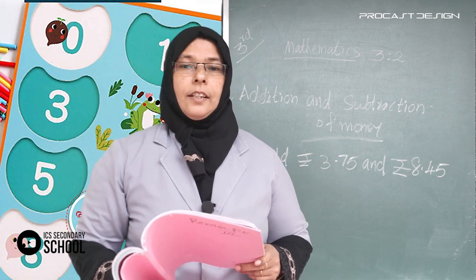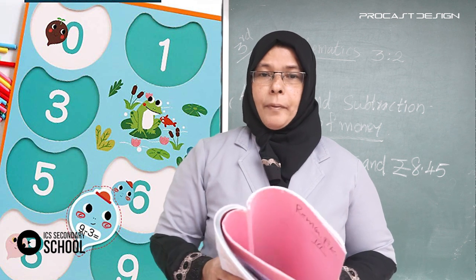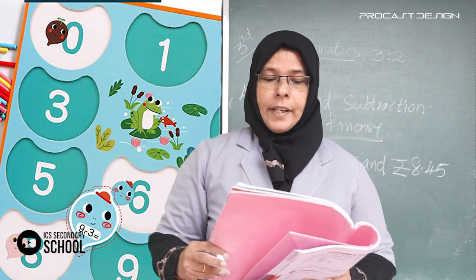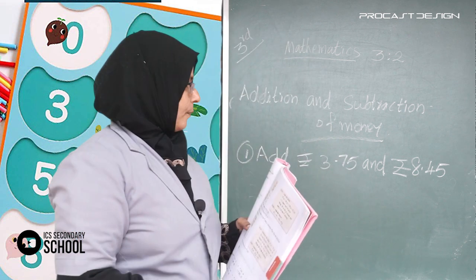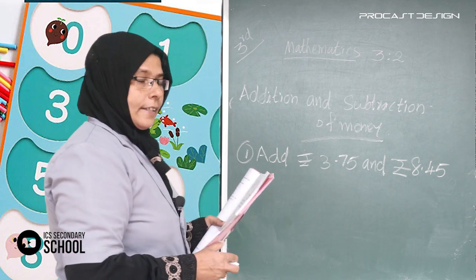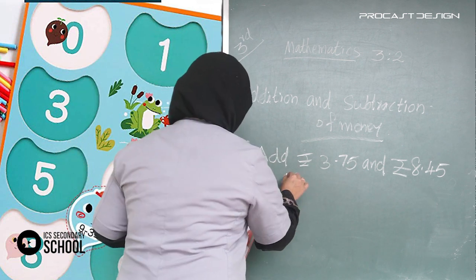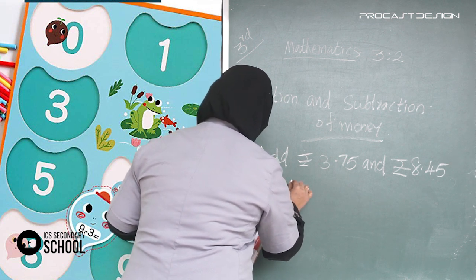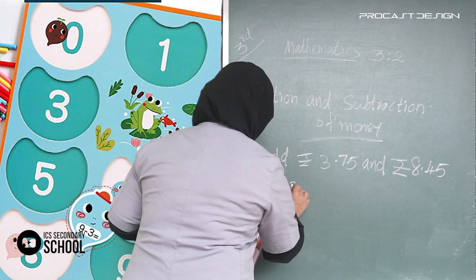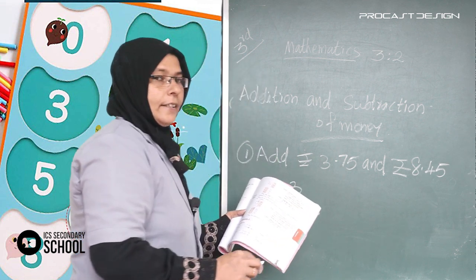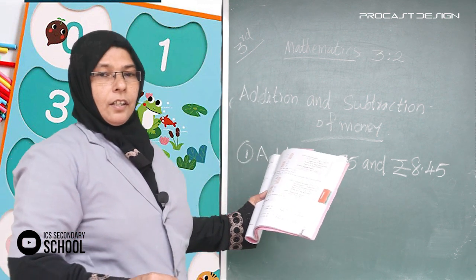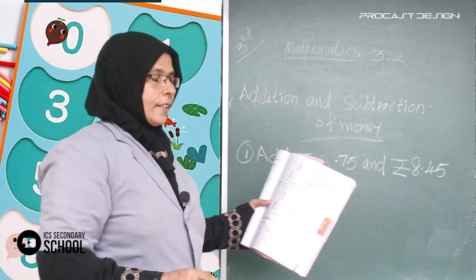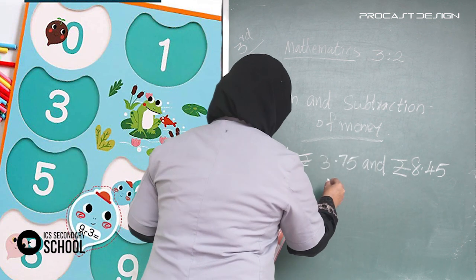You write the rupees in the rupees column and the paise in the paise column. All of you listen carefully and write it.